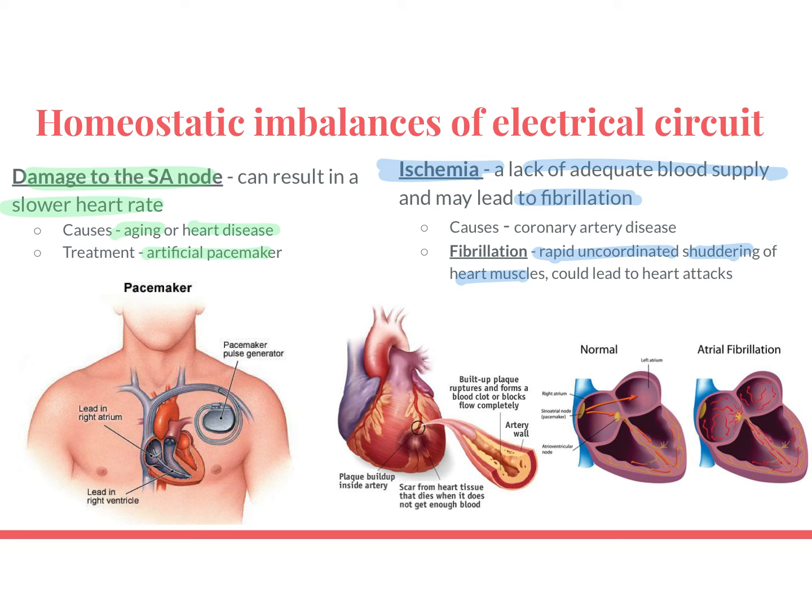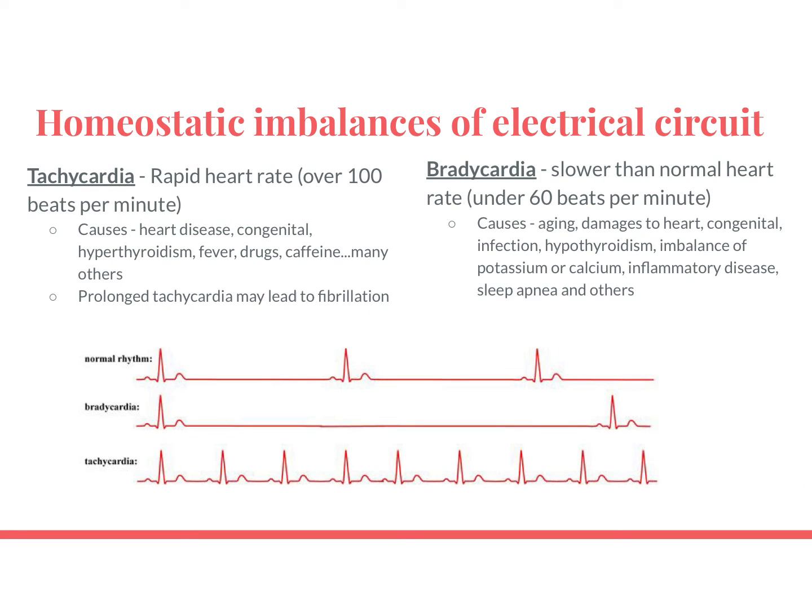So the ventricles or the atrium kind of just shudder instead of doing a smooth, fluid contraction. This can happen because of coronary artery disease. So the blood supply to the heart is not getting through, and the heart muscle itself is not getting enough oxygen. So that's when ischemia could happen and when the heart starts to fibrillate.